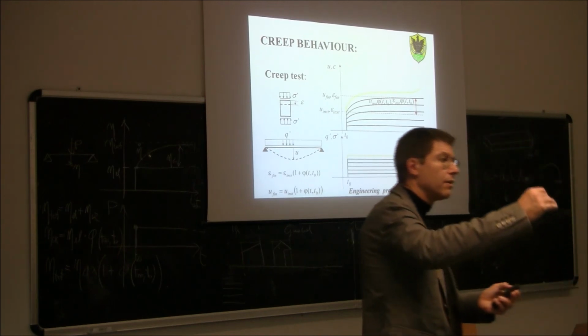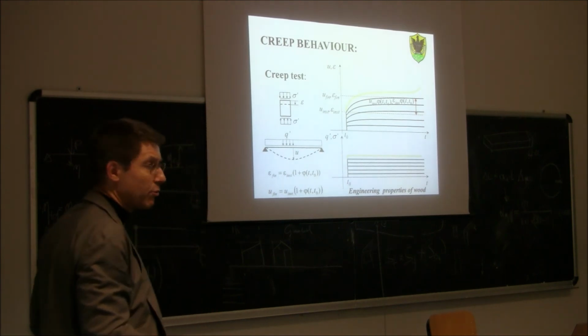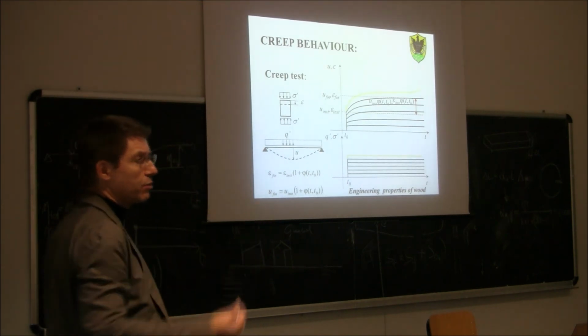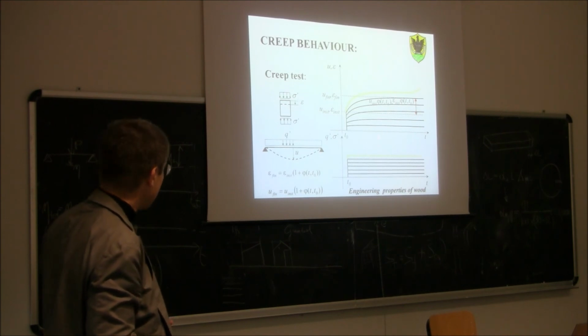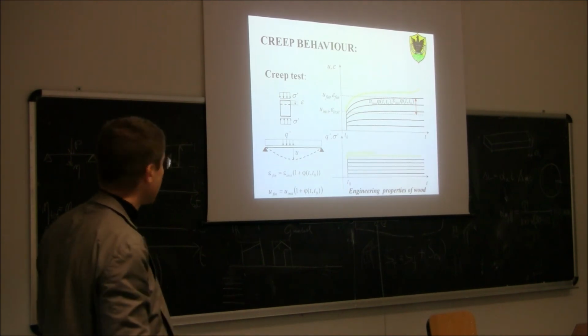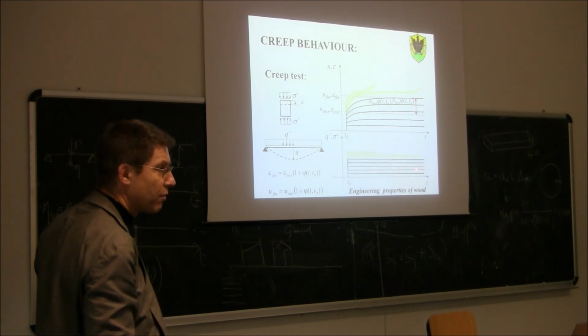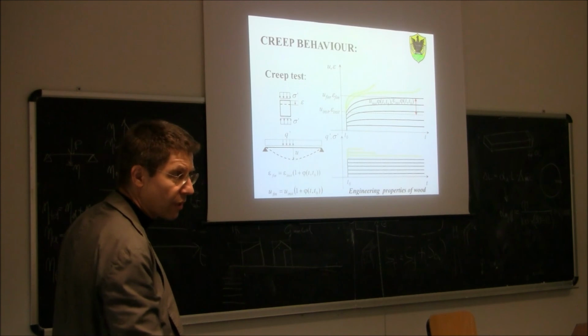If I pass this limit, I will end up with a failure of the beam. Why? Because the level of load is too high. In this case, you see that the failure will occur towards the end of the service life. If I keep increasing the load, the failure will occur before. The higher the load, the sooner the failure.